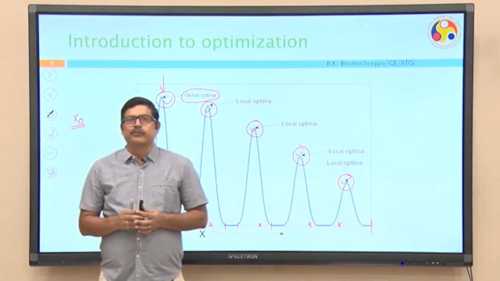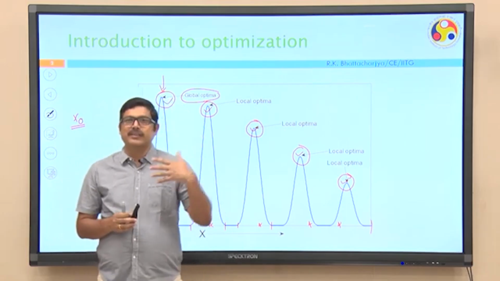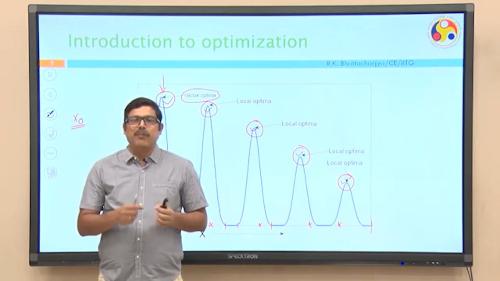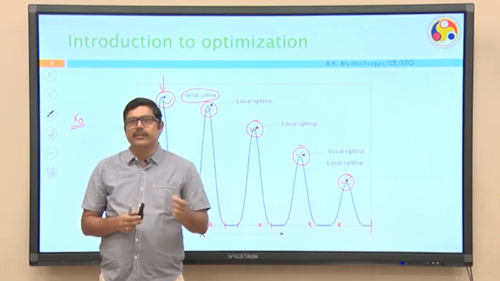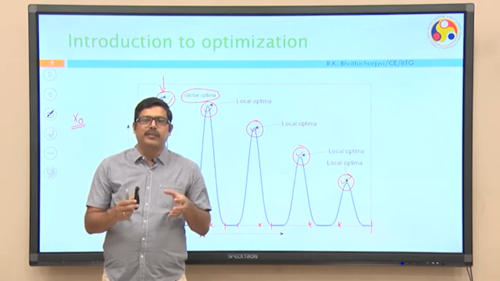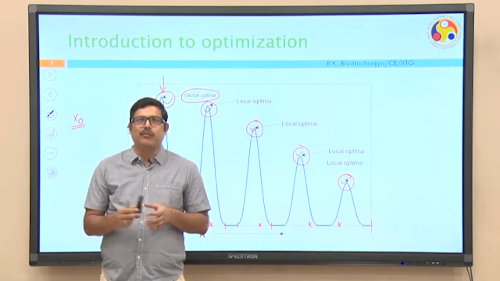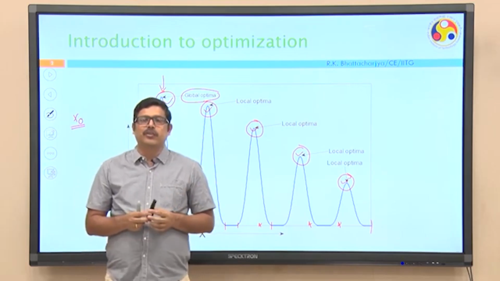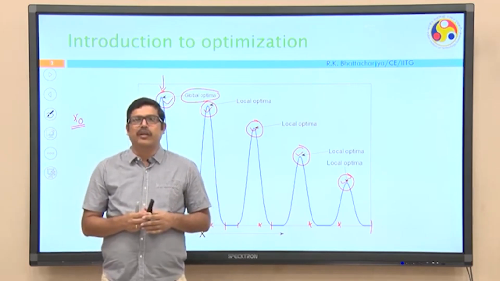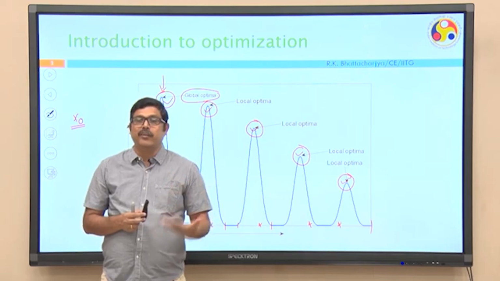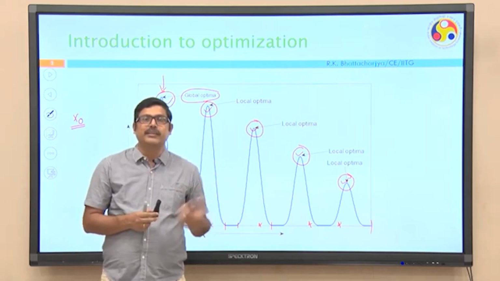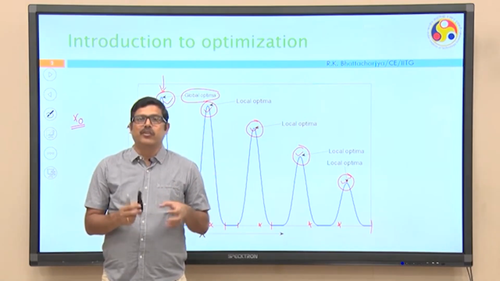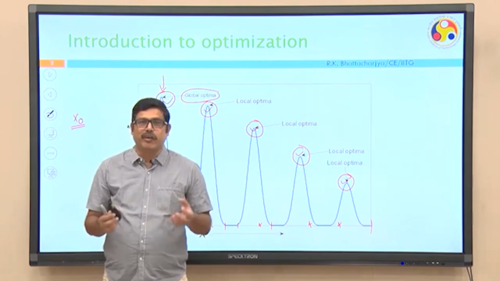I will search for the optimal solution by changing the initial solution. Initially you choose a random initial solution between the upper bound and lower bound within the search space, and then you get an optimal solution. Now you change the initial solution and see whether you get a different solution or not.